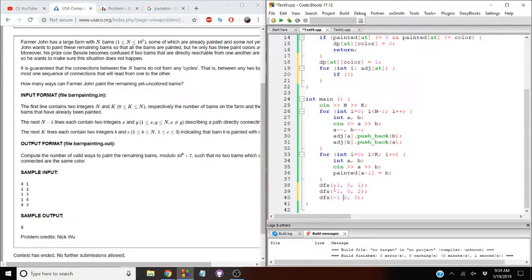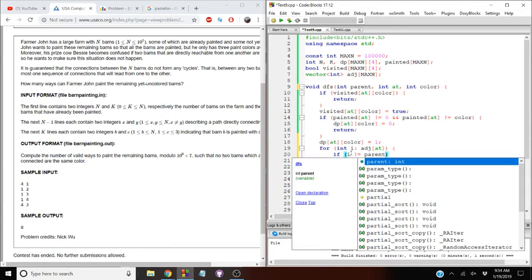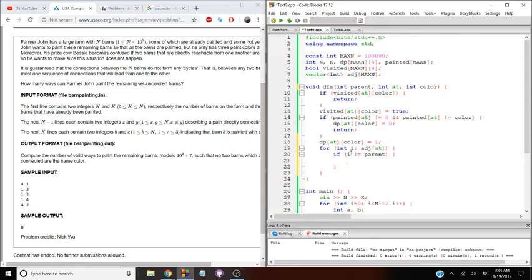I'll put -1 as the parent for starting initially, but this basically just ensures that we don't go backwards. If i is not your parent, then we multiply with however many options we get from the current child, because then we are at a child. And the number of options we get from the current child is dp at i.